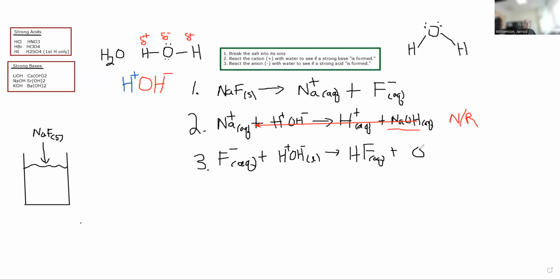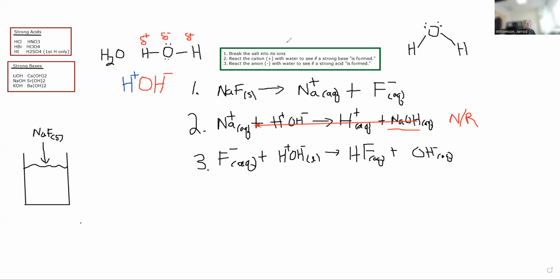OH minus, aqueous. And I take a look. Oh, that's an acid. Let's go look over here. Oh, it's not on my strong acids list. It does not force the reaction all the way back to the beginning because it's not a strong acid.